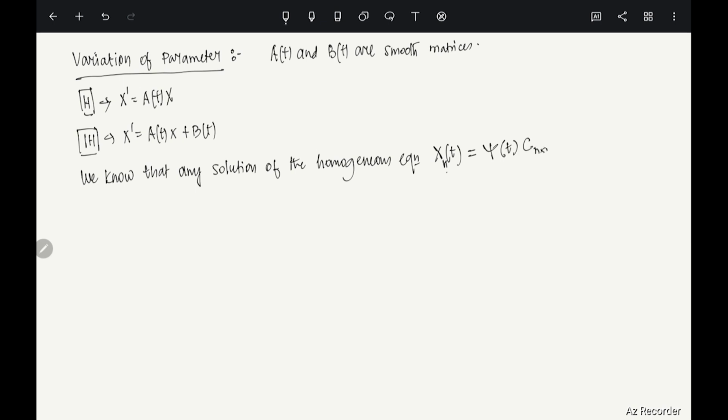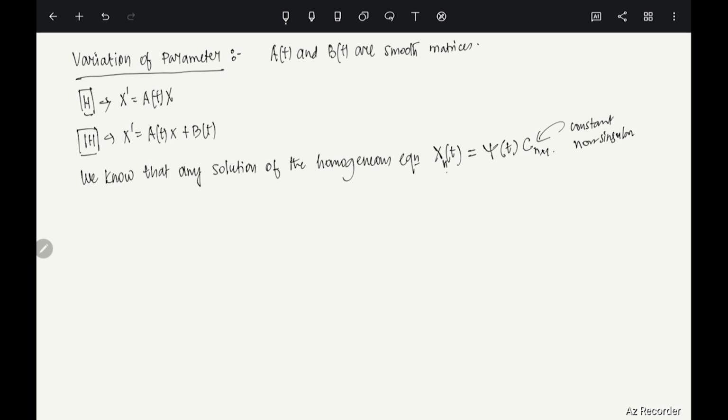It's a constant n cross 1 vector. I'm sorry, this is n cross 1. This is a solution, right? It is not a fundamental matrix anymore, it is a solution. So that will be the fundamental matrix times a constant.